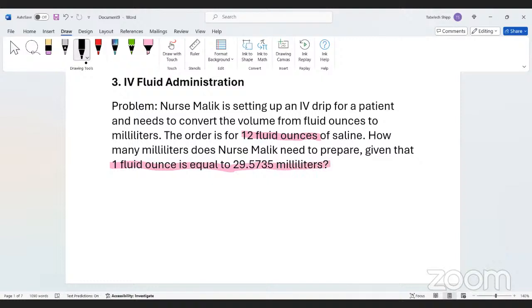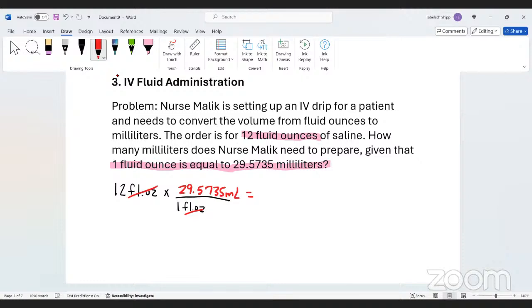So again, all you have to do is say, okay, 12 fluid ounces times. Now remember, on the bottom, what you're trying to get rid of are those units of fluid ounces. So we're going to just cross those out. And on the very top, I'm going to put that 29.5735 milliliters. Now, again, I want my answer in 2 significant digits.